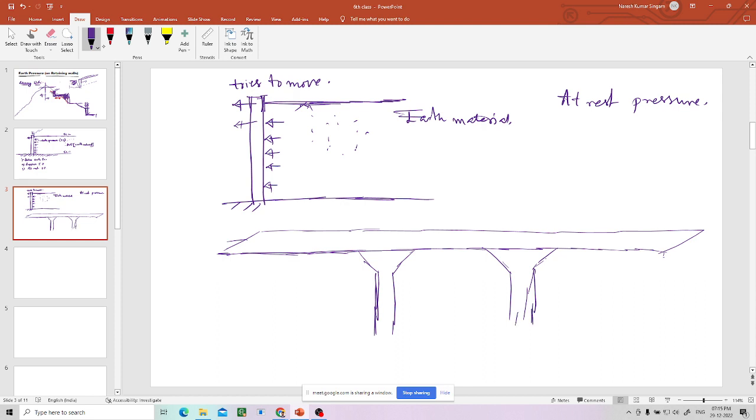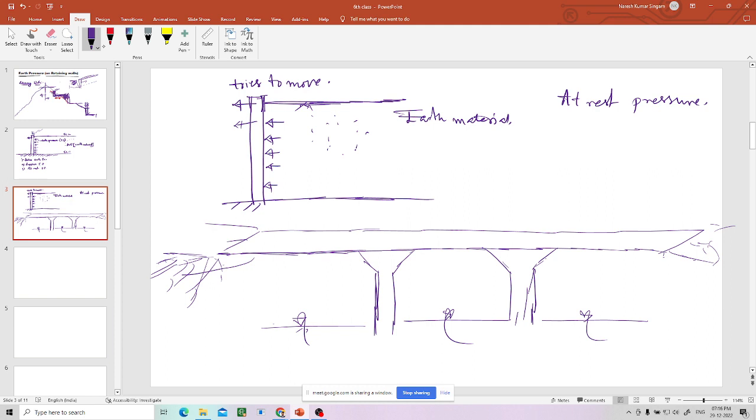So now they are ending it. Why are they ending at this point? Because there is natural earth here, and there is water here, and there is again earth material here. Now what do you do generally at this point? We will construct a wall around this.